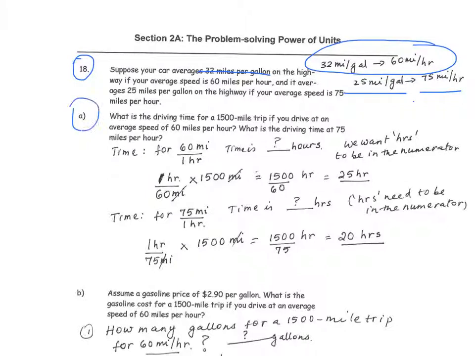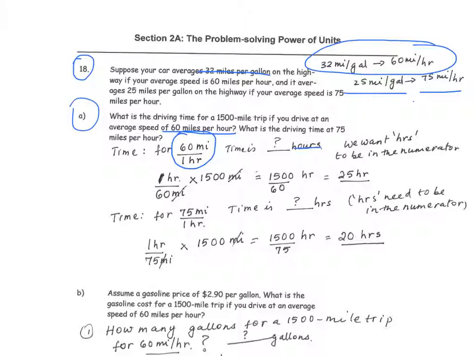Looking at part A. What is the driving time for a 1500-mile trip? Okay, so we're going 1500 miles and our average speed is 60 miles per hour. So we need to figure out the time that it takes if we go at a speed of 60 miles per hour. So our final answer has units in hours.